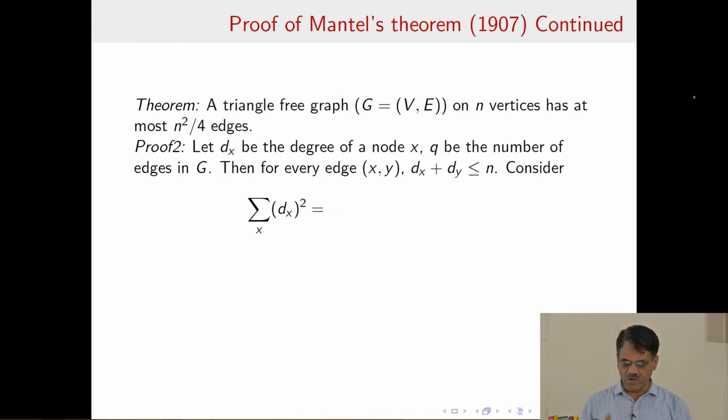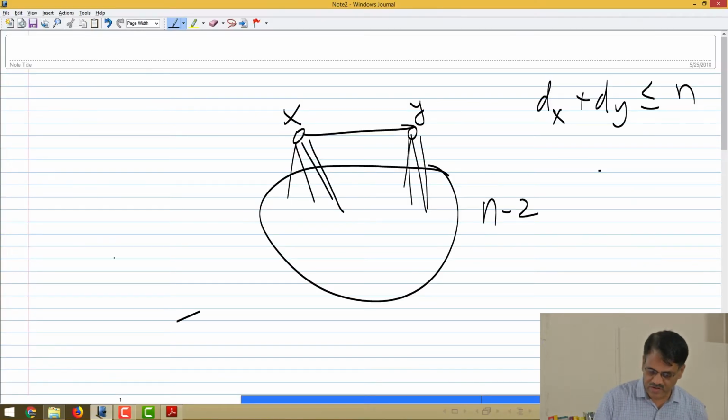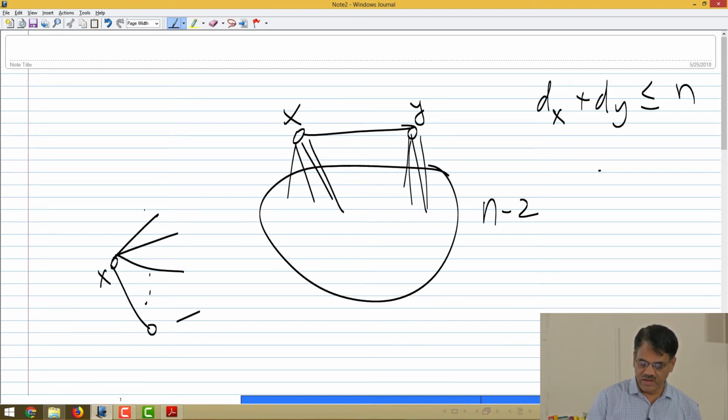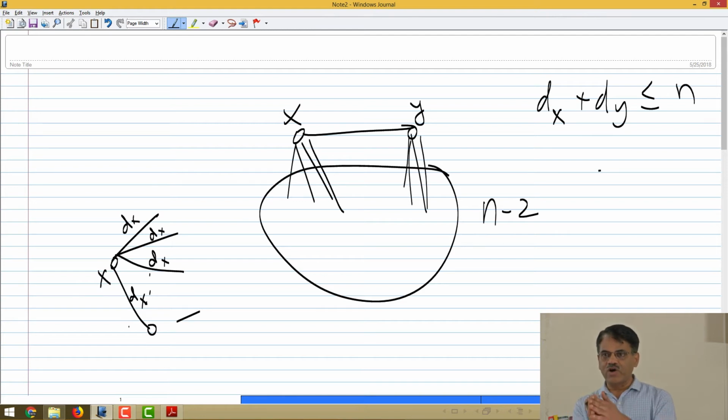So just look at one entry, dx whole square. I take a vertex x, and it has dx many edges going out of it. So I throw in a weight of dx here, dx here, dx here, dx here, and add the weight of these edges. That's exactly dx square, right. So suppose I do it for every vertex, then the summation dx square I am going to translate to something on the edges.